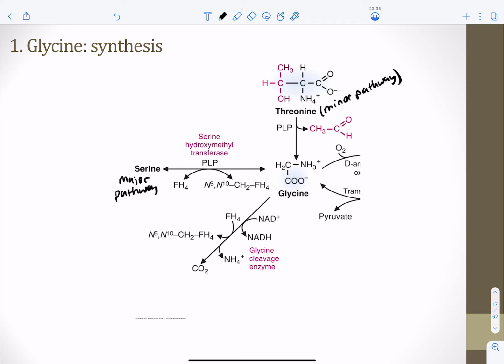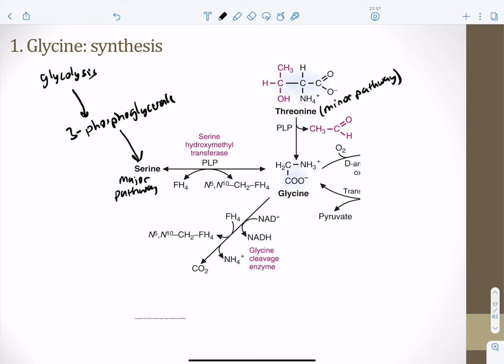Again, we're talking about glycine synthesis. So here we have glycolysis, and it goes to 3-phosphoglycerate. And this is going to generate serine.